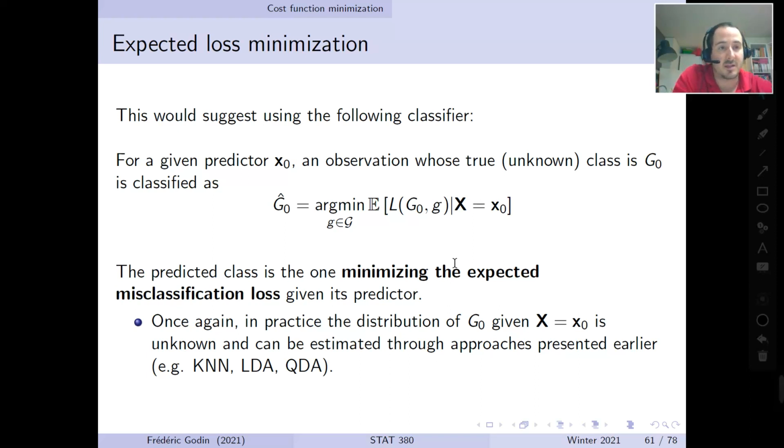All these methods still apply here to determine the probabilities of being in each class. But then at the end, once you have these probabilities, instead of just looking at the probabilities of errors, you look at these probabilities weighted by the cost of each type of misclassification.